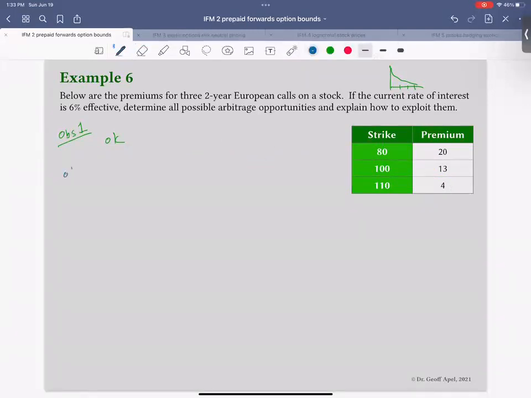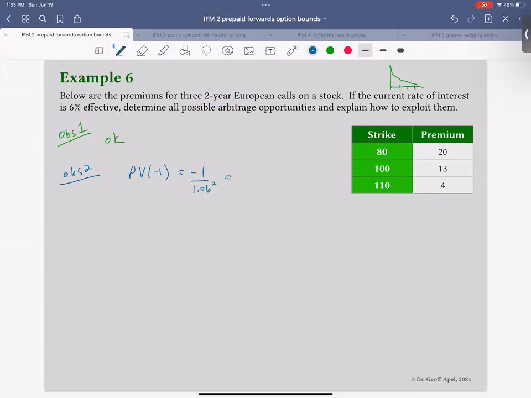All right, what about observation number 2, where I would need to know that the slopes were never worse than a -1, or a present value of -1, since I'm dealing with a European. So let me find the present value of -1 and then do it off of slopes. The present value of -1 is -1 over 1.06 squared.